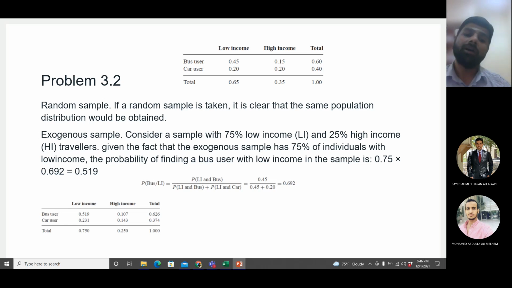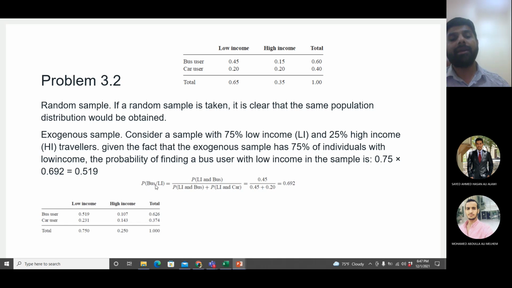In the last chapter we said that if you want conditional probability, then this is the method you calculate. So I want the conditional probability of bus provided that he is in the low income group. Then the equation was that first of all take the intersection of probabilities of these two, divided by the total probability of being in the low income group.